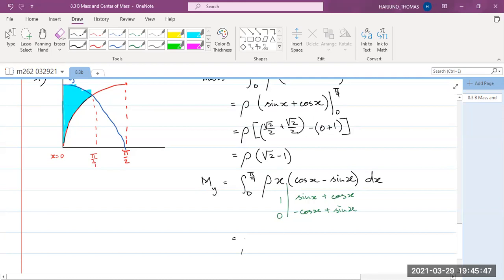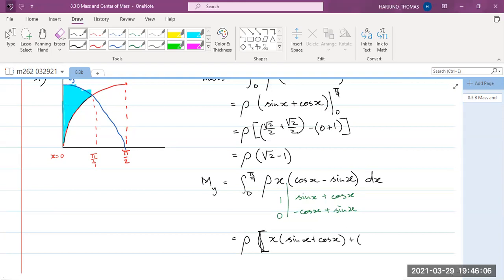So this will be rho times x times sine x plus cosine x, minus, becomes plus in this case. No, that's right, that's minus negative cosine x plus sine x, from 0 to pi over 4.